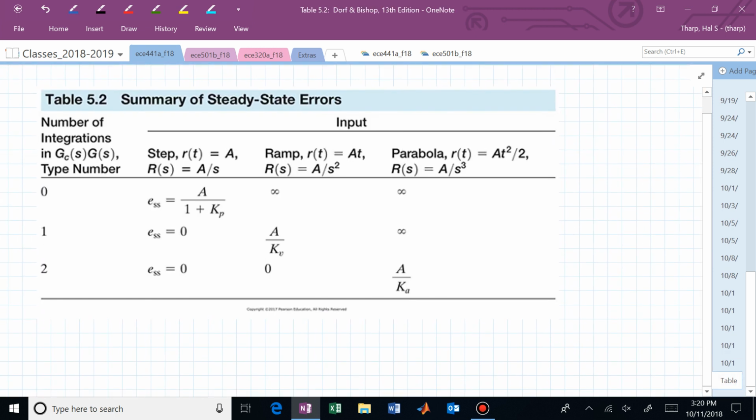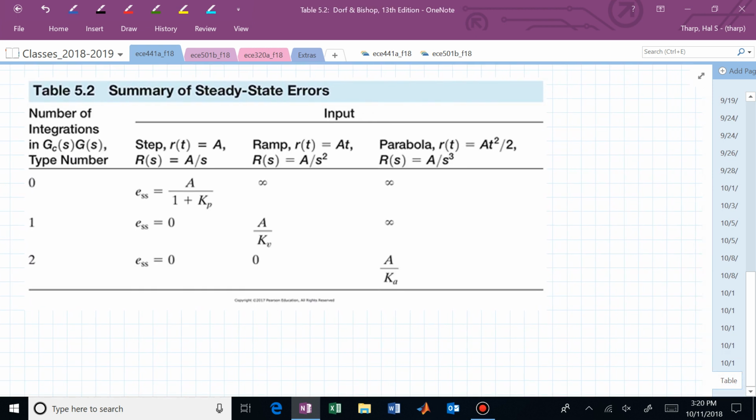And that's really what this table is saying. For systems of type 0, we will have a bounded error only for constant inputs. And here is the expression that we derived ourselves, a over 1 plus k sub p, where k sub p was that position error constant.